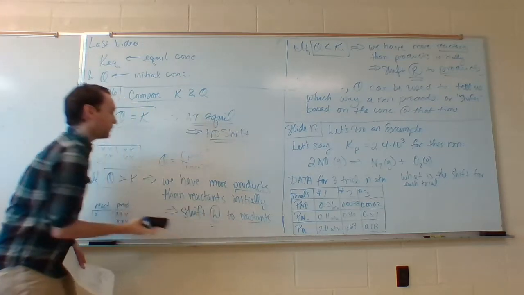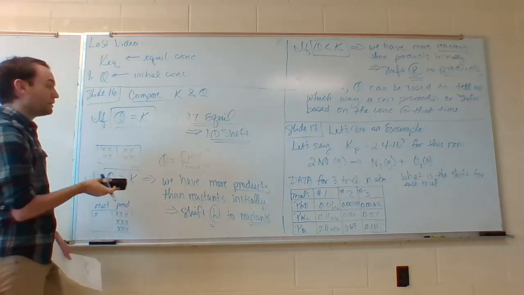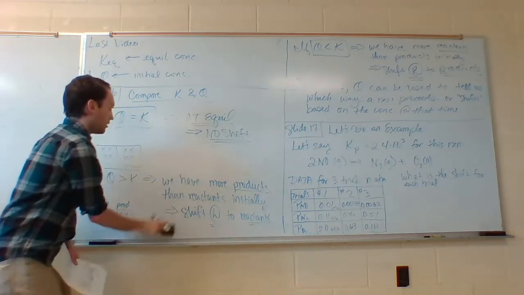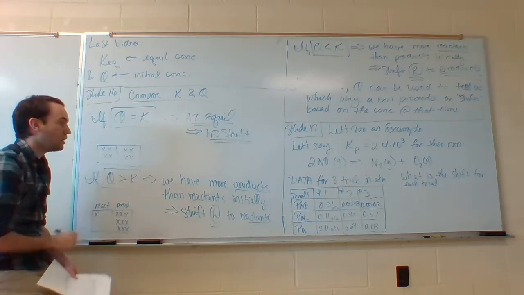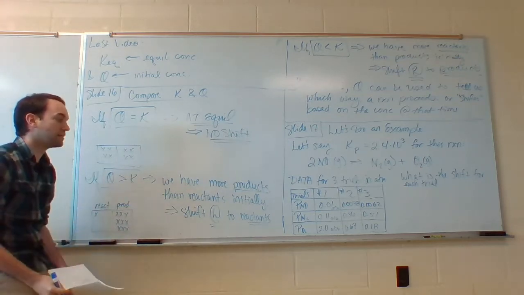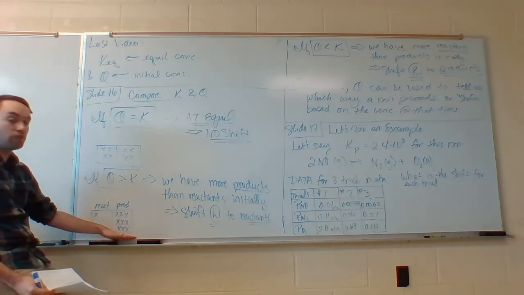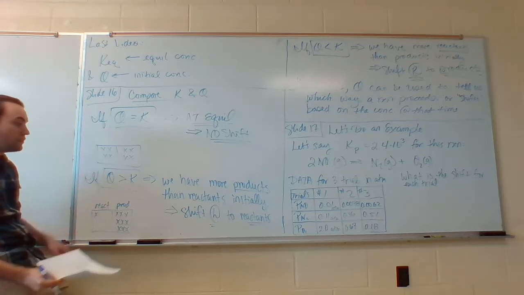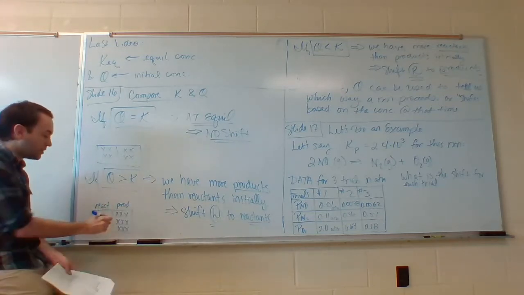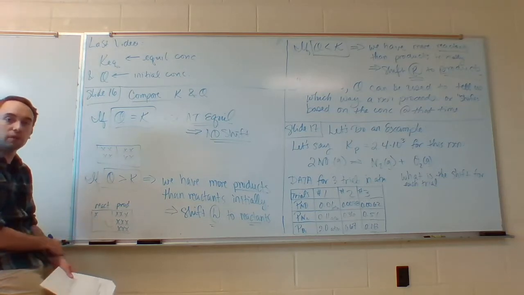If we have a lot of products, then Q is going to be really big relative to K_eq. So if Q is bigger than K, we have more products than reactants initially. That means we have a lot more on the right-hand side, so to balance, we're going to have to shift to the left toward the reactants. Some of these students are going to have to move over into the other classroom to establish the equilibrium.